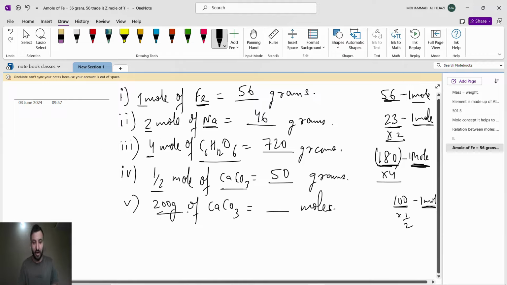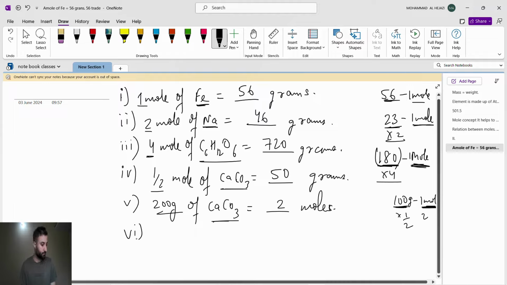First of all we will find the same molecular mass of CaCO3, which is 100. Means 100 gram is 1 mole. So 200 gram is double, so 2 mole.